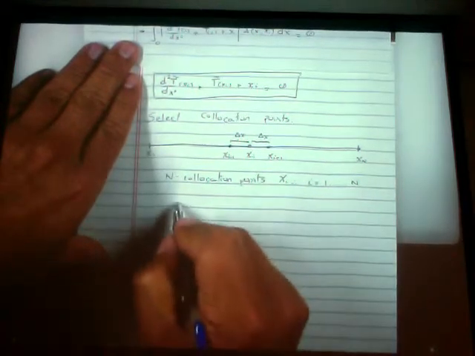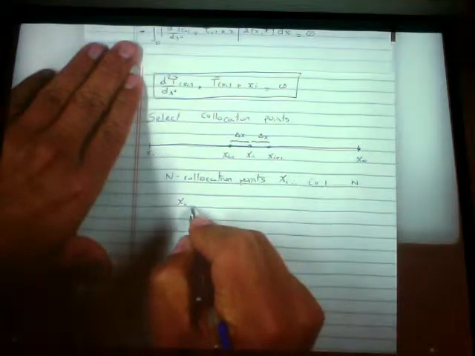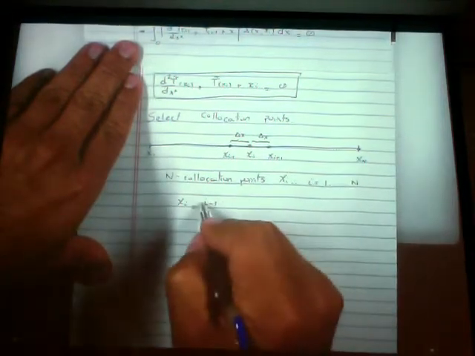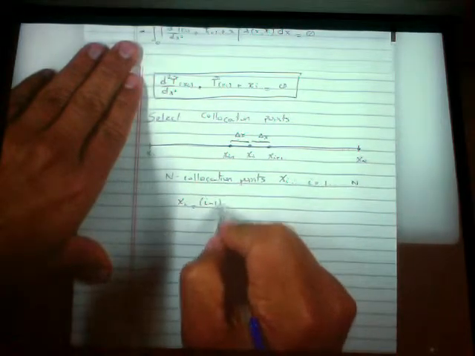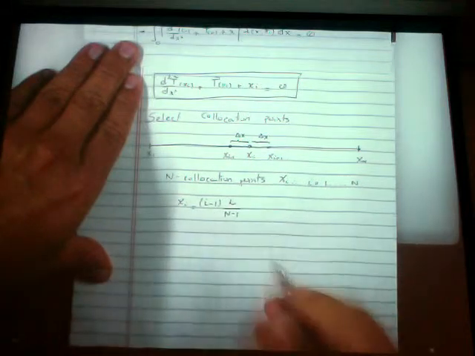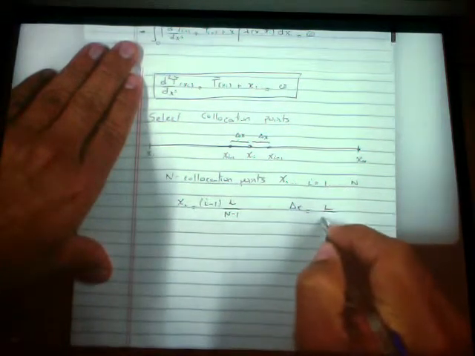And so we have xi is equal to i minus 1 times L divided by n minus 1, such that delta x is equal to L divided by n minus 1. Okay, L is the total distance of the domain.